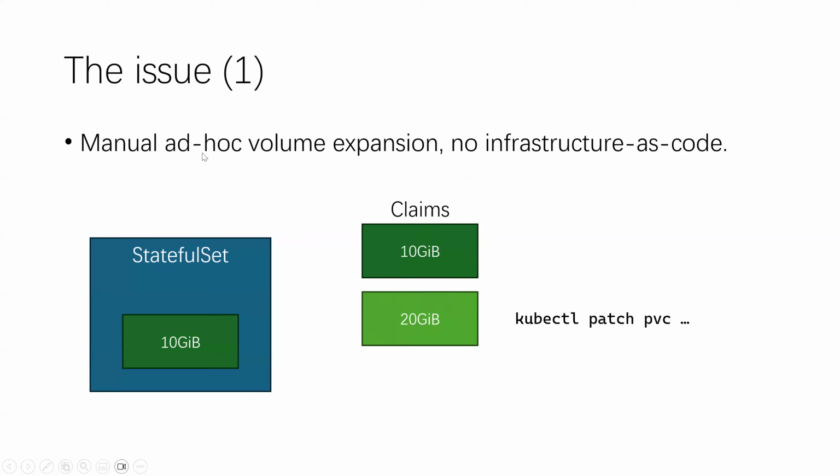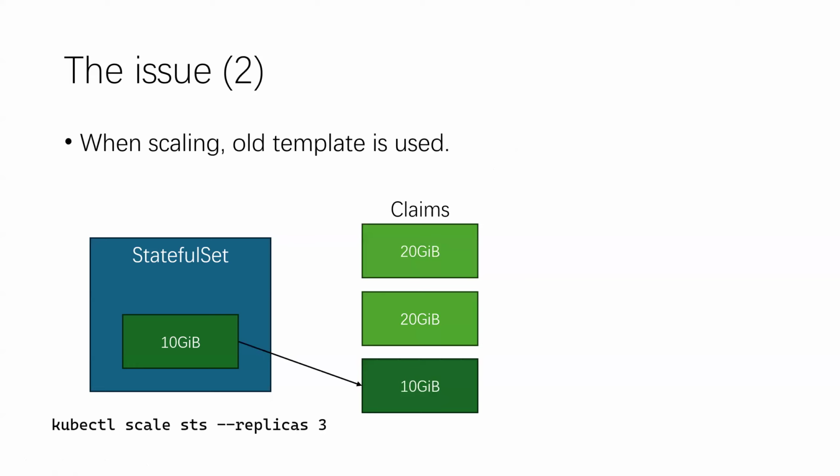So this is an ad hoc operation, and we cannot reuse our infrastructure as code pipeline. So there is no code review or testing or rollback or anything. And this is issue one. Another issue is when we are scaling up, the old template is still used to create the new volume claims.